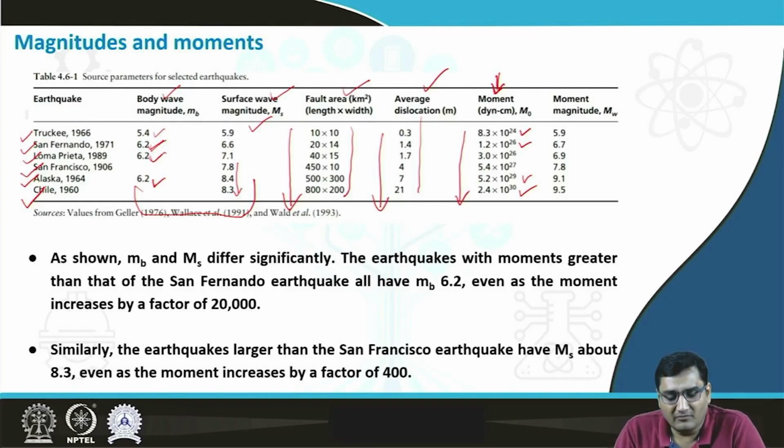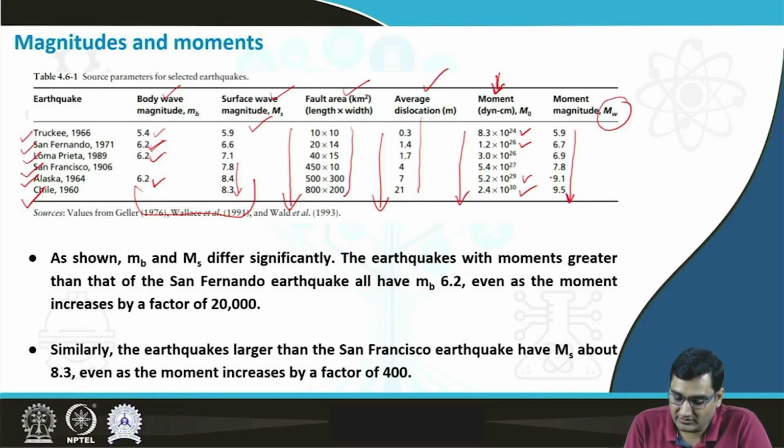So the most updated scale was given, named the moment magnitude scale, represented as M subscript W, and you can see its values for these different earthquakes. Going from top to bottom, the values are increasing and not saturating, so they represent the correct magnitude of these earthquakes: 5.9 for Turkey, San Fernando 6.7, Loma Prieta 6.9, San Francisco 7.8, Alaska 9.1, Chile 9.5.